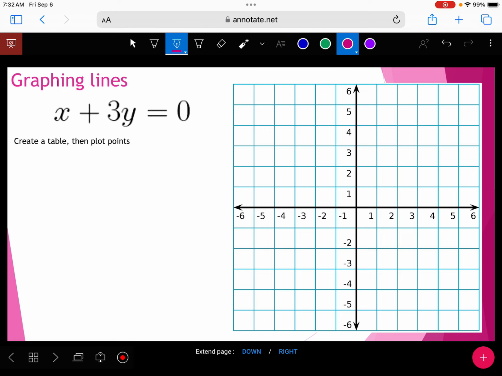Some of them are going to work better than others. In this one, because it's set equal to 0 and not some other number, if we try our x and y intercepts, we're going to find it not super helpful because they're both 0, 0, so it's not enough information to graph the line. So if we have a standard form set equal to 0, don't go for your x and y intercepts.